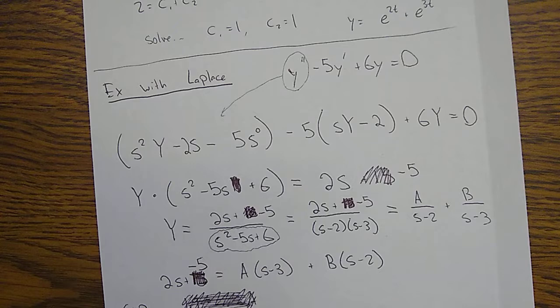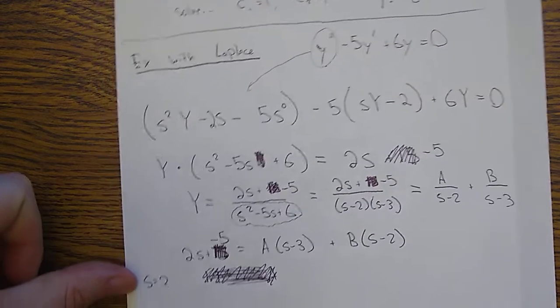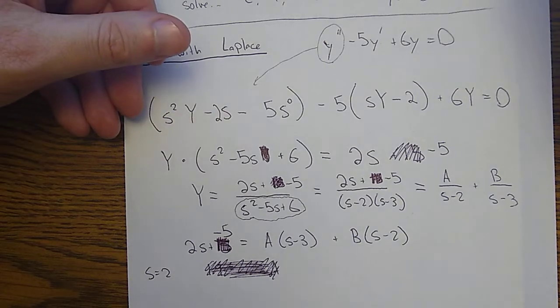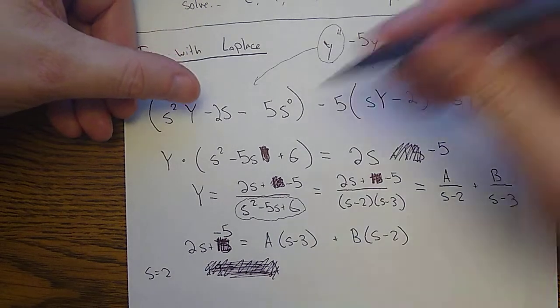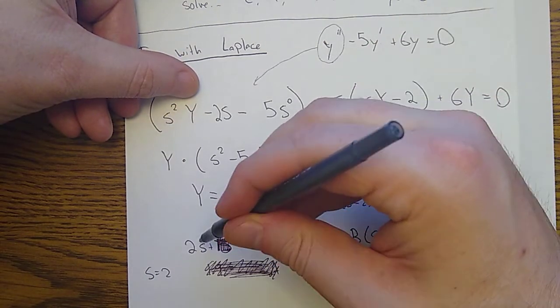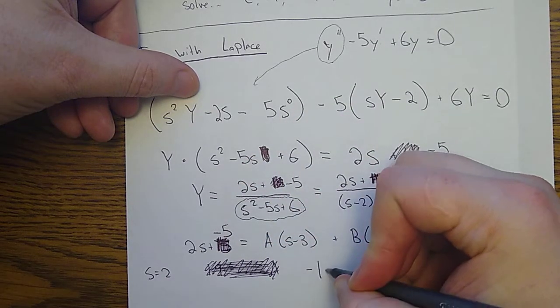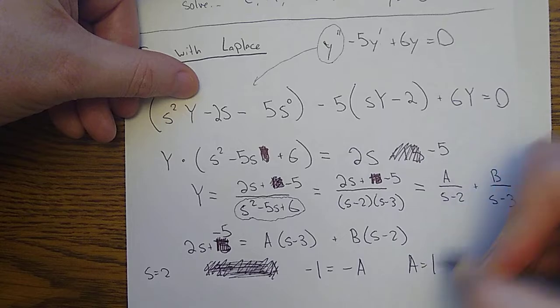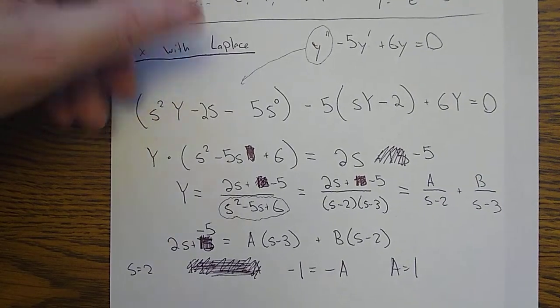So we're there. Now let me try s equals 2 again. Now that this is actually right, hopefully, I would get minus 1 on this side, and I get minus a on this side. So a equals 1. Yeah, that's what I was expecting.